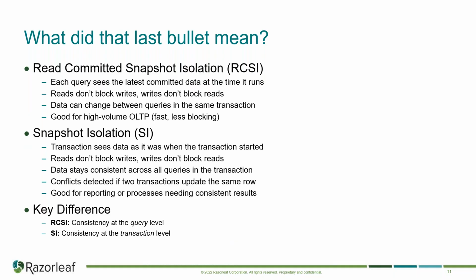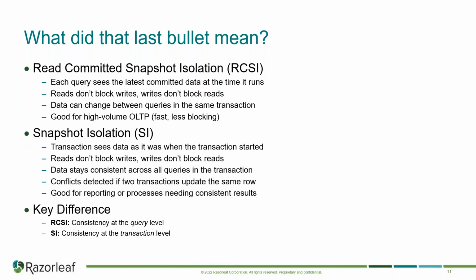With previous snapshot isolation, the transaction is going to see data as it was when the transaction started. So in the same way reads don't block writes and writes don't block reads, it's only at the transaction level, while the new read committed snapshot isolation is going to see it at the query level.